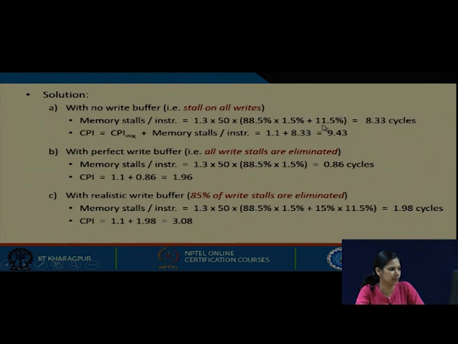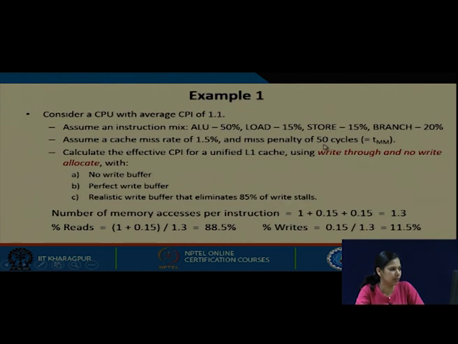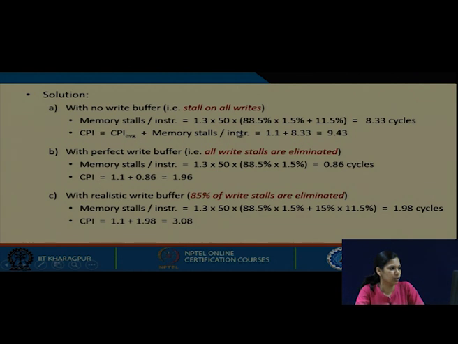So, we need to consider that as well. And what is 50? 50 is our miss penalty. So, for miss penalty there will be 50 cycles. When we multiply 1.3 into 50 into this percentage, we get roughly 8.33 cycles. This is the total number of cycles that we are getting. That means, these many memory stalls per instruction will be there.